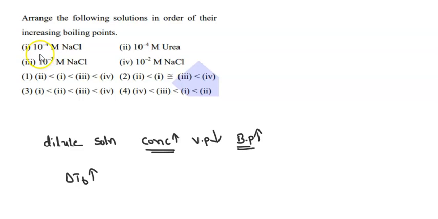So here we have 10 to the power of minus 4 m NaCl, here it is urea, 10 to the power of minus 3 m NaCl, and 10 to the power of minus 2 m NaCl. The three solutes are NaCl. NaCl is a strong electrolyte which dissociates as Na plus and Cl minus, so it can give two ions.